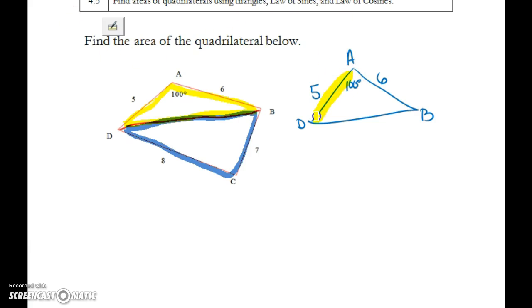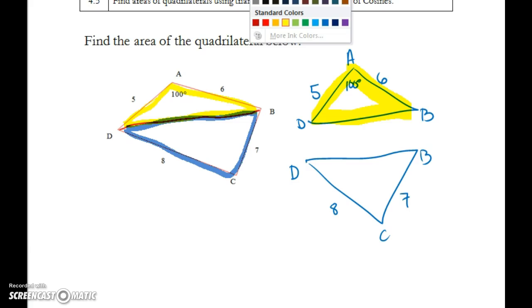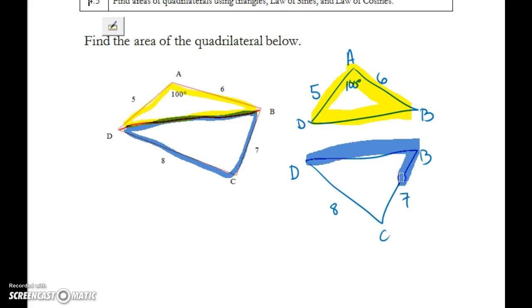And our blue triangle, triangle DCB, has sides 8 and 7. And that's all the information we have about that particular triangle.